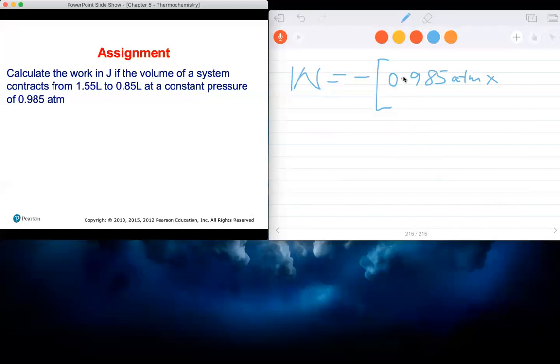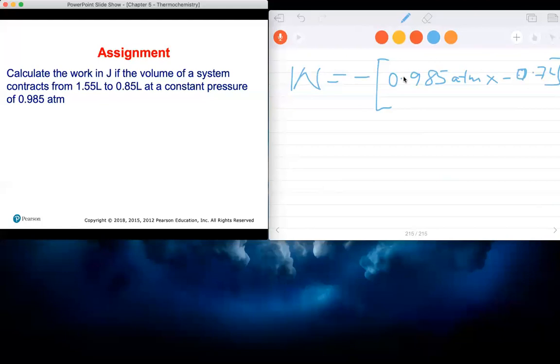Don't make it positive by subtracting 1.55 minus 0.85. So it is 0.85, which is final, minus initial 1.55. It's negative 0.7 liters.